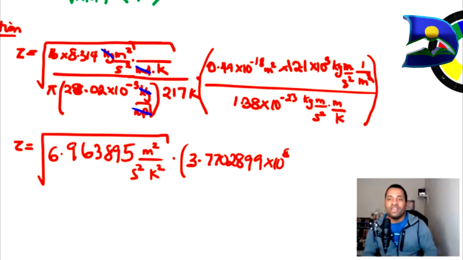And take note here, once you align by cancelling out some variables, you have meter squared cancelling out your meter squared, and next we have this meter cancelling this, and you're left with 1 meter. And then we have seconds cancelling out, and what we're left with is our variable now in kelvins.